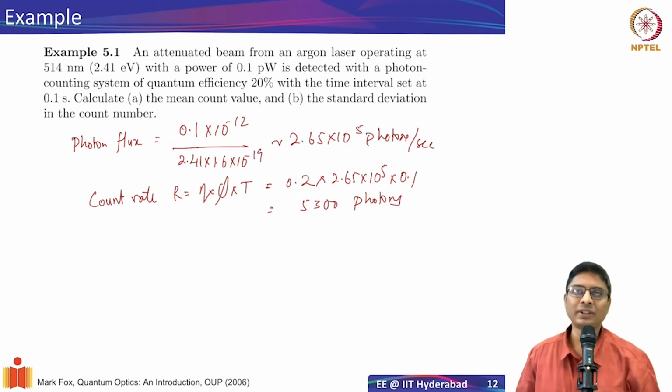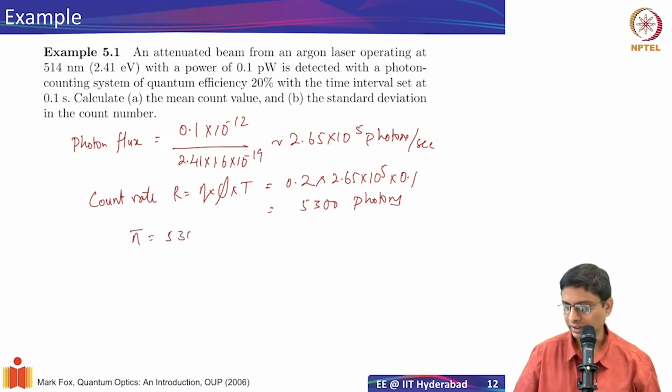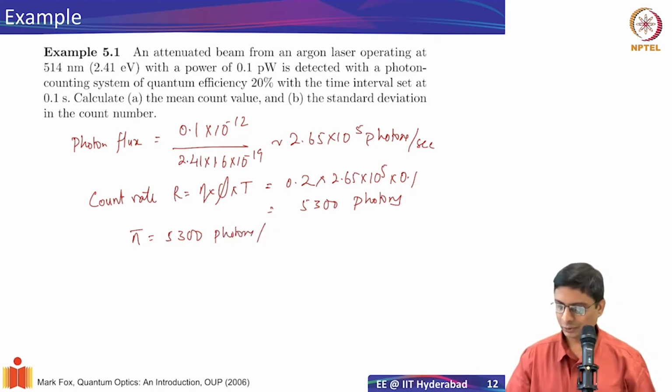The flux is given to you, you calculated it, and once you have that much photon flux, how many counts? Now what is the mean count? Mean count is 5300 photons. So n bar is going to be 5300 as detected by the system. Photons, not photons per second.